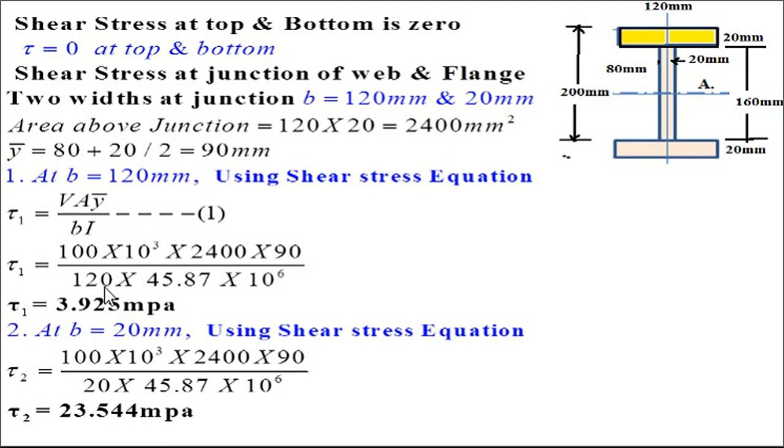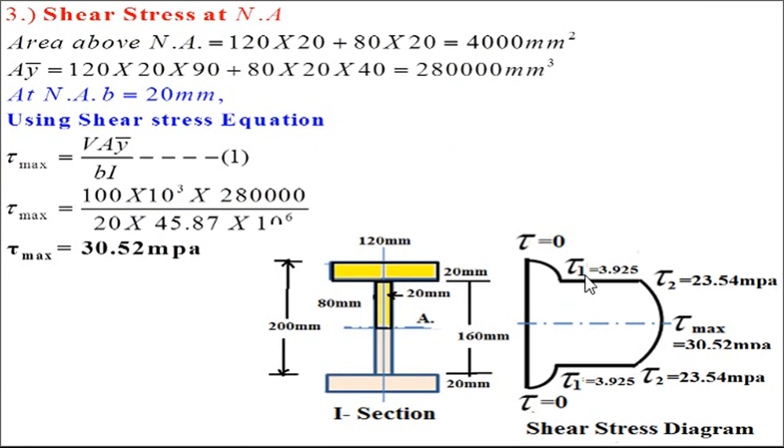In the first case the width was 120, now it is only 20, the width of the web, because this is also a portion where the area above this junction is the same, only the width is different. So all the terms are the same, only B is changed to 20. You will get tau 2, 23.54. So these are the two values, tau 1 3.925 and tau 2 23.54.